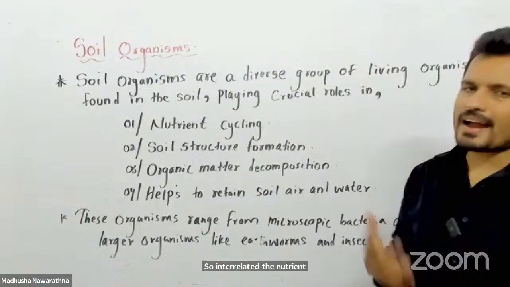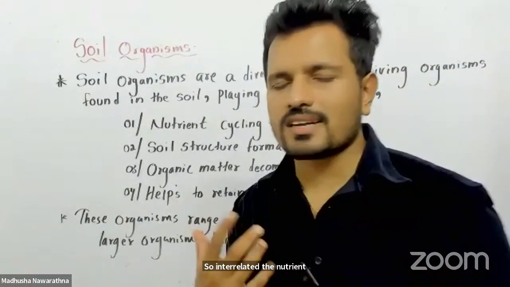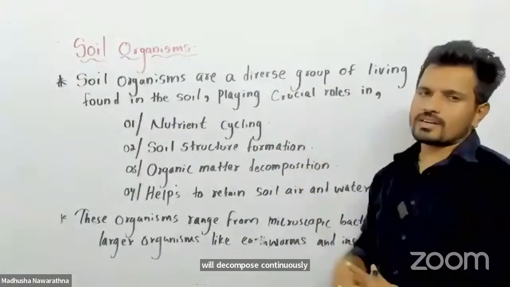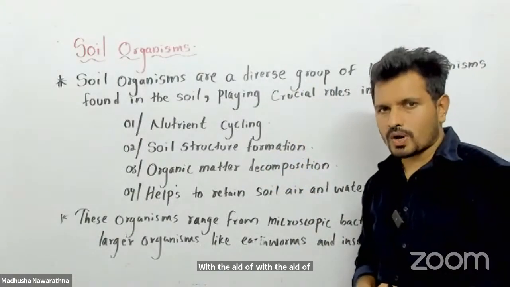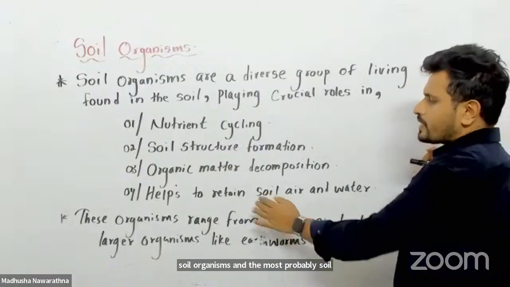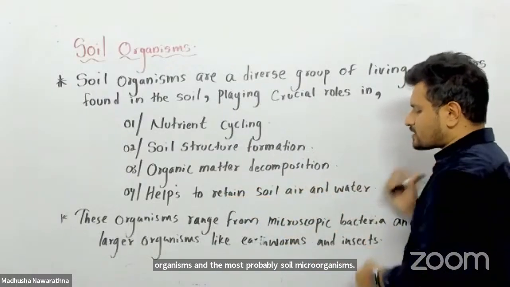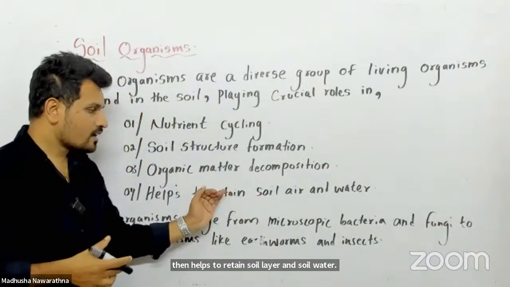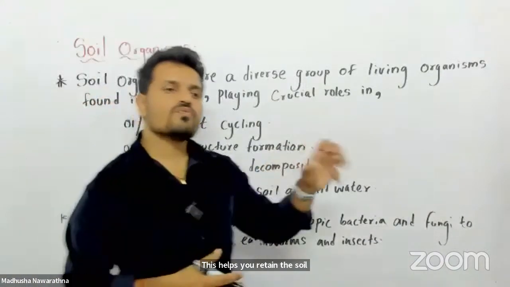Organic matter will decompose continuously with the aid of soil organisms and most probably soil microorganisms. Then this helps to retain the soil air as well as the soil water.